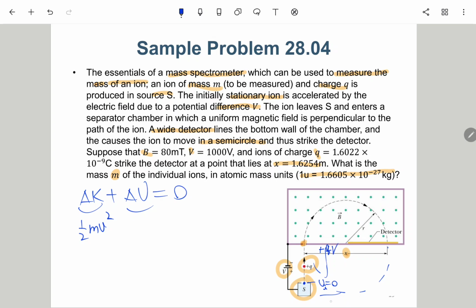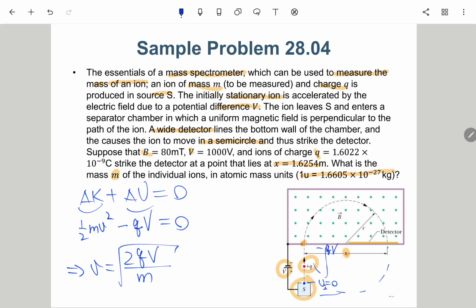Okay, the delta V should be negative, so the delta U should be negative QV. So delta K plus delta U equals 0, and here we have v equals 2QV over m, and then take the square root of the whole thing.